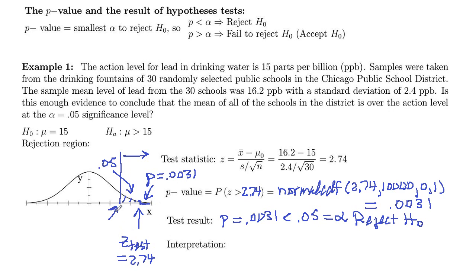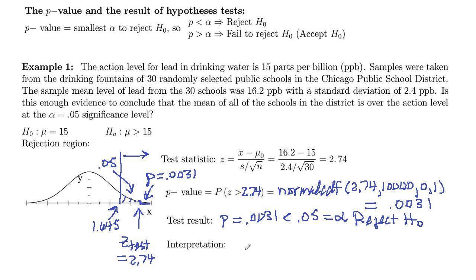So here our value for z 0.05 was 1.645. So 2.74 being greater than 1.645 is the same as saying that the p-value is less than alpha.